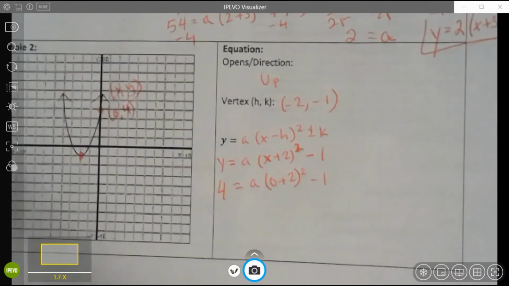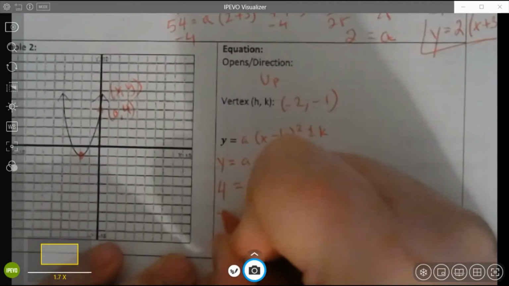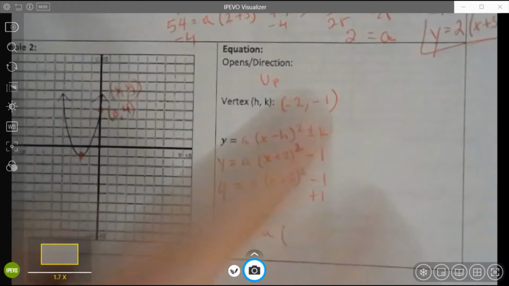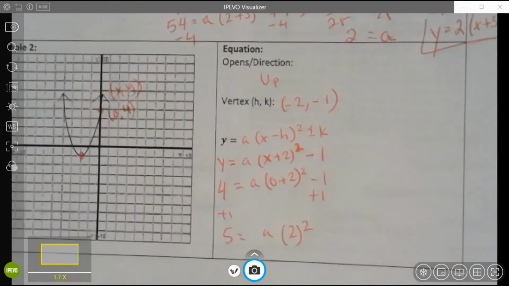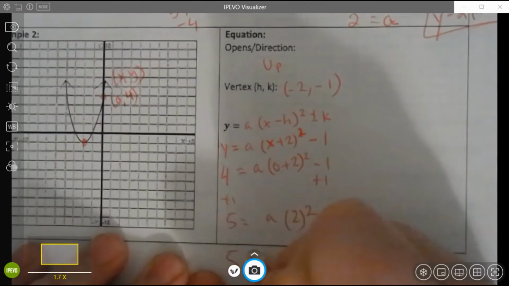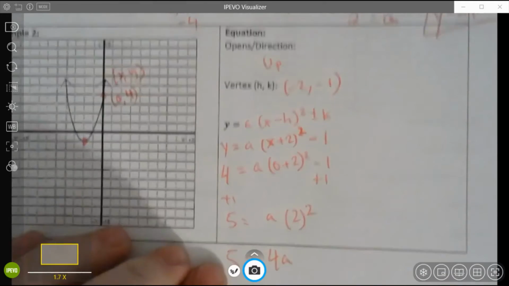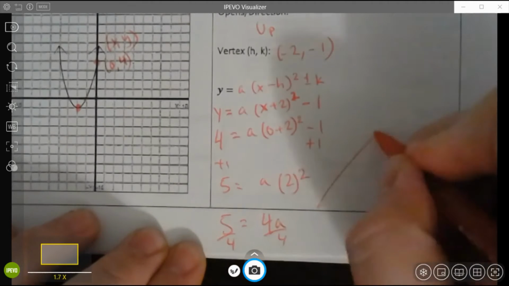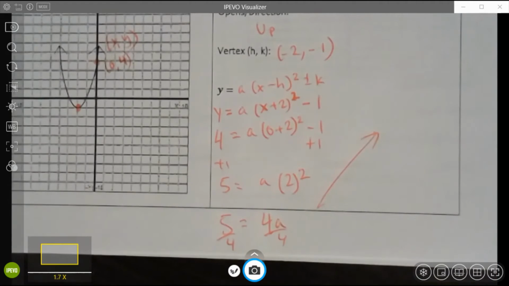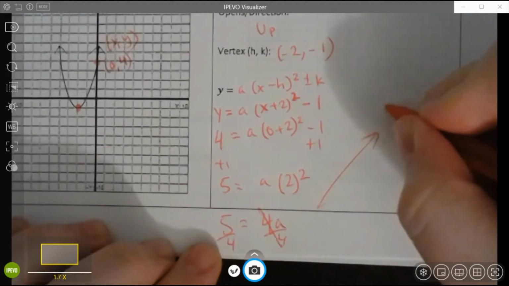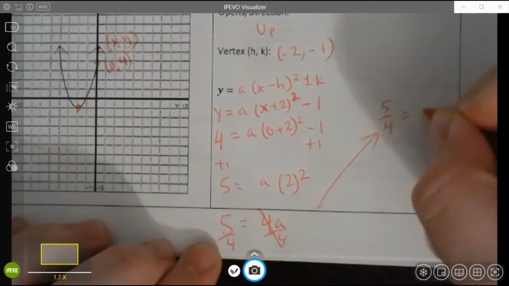So then we'll just solve this for a. So add 1 to both sides. So 5 equals a times 0 plus 2 is 2. So you get 5 equals a times 2 squared. So this is 5 equals 4a. Divide both sides by 4. And so you get 5 over 4 equals a.